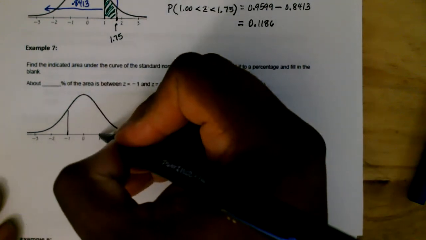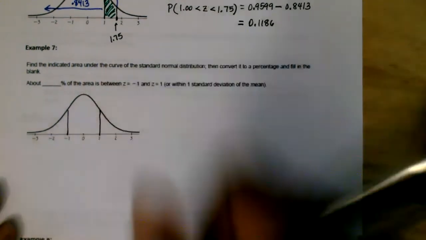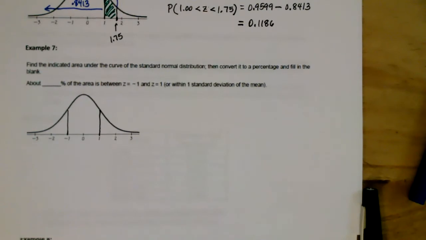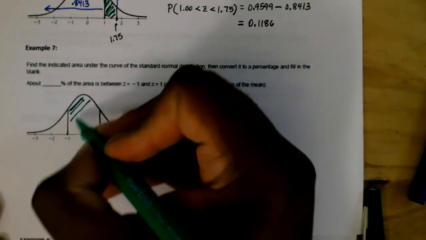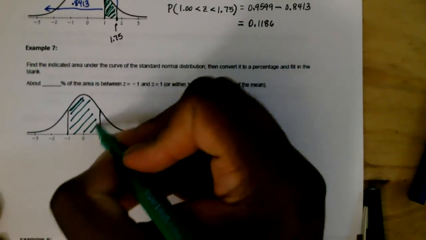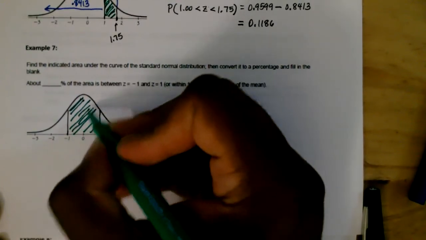Okay, so let's mark off -1. That's this. And +1. That's this. So we're looking for the area in between those two z values, -1 and 1. So I'm shading that area.